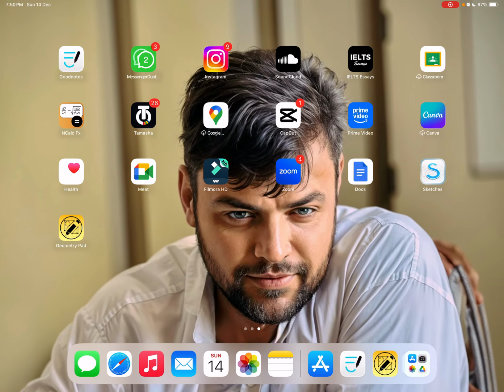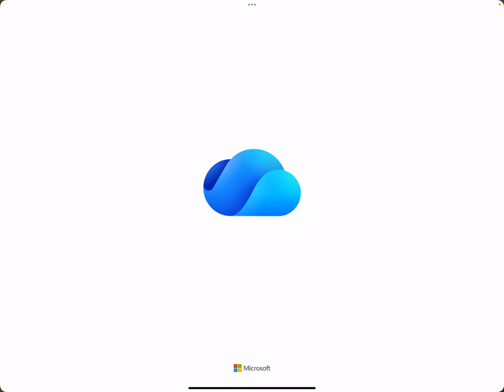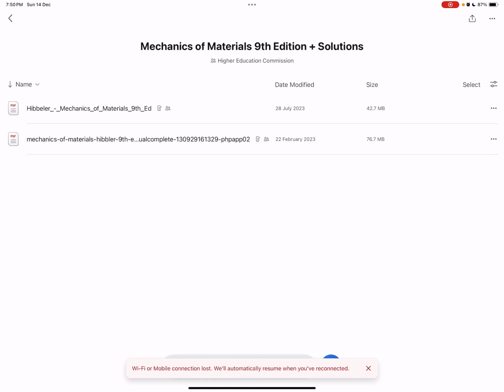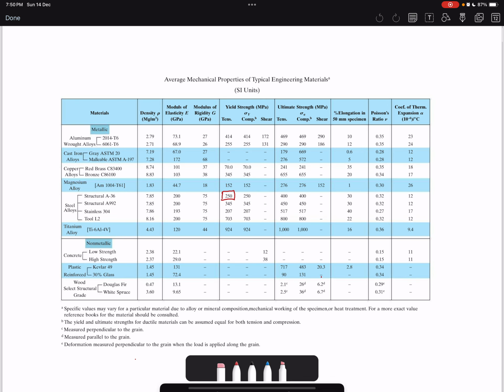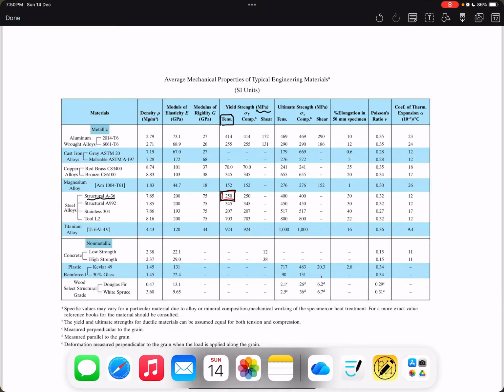Here you can see this is A36, and it's already highlighted, I did it for the previous problem. So it is 250 megapascal.